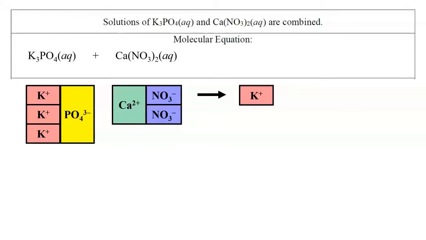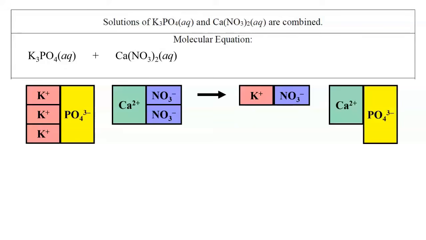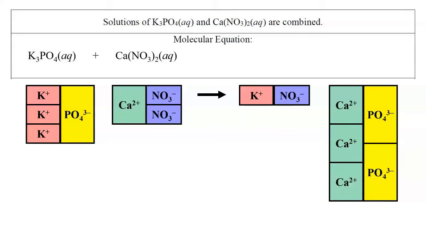Potassium's new partner is nitrate, that would be KNO3. And then calcium's new partner is phosphate. But since calcium is 2 plus and phosphate is 3 minus, the least common multiple of 2 and 3 is 6. So to get the charges to balance, we need 3 calcium ions for every 2 phosphate ions.